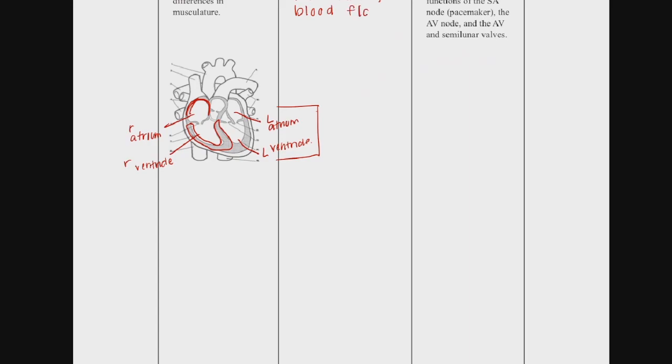So blood flows through. When it flows into the ventricles from the atrium, they only have to push that blood a few centimeters into the ventricles.